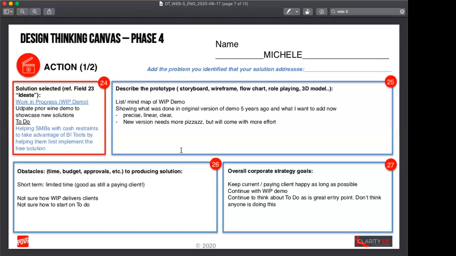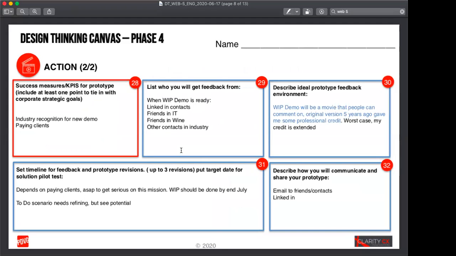Sure. But in any case, you started to fill this out, and I know you did this quickly, but you still put in some interesting details about short term. And you're not sure on some things, but you continue to work. So I'd say this canvas is a work in progress, but it's helpful to see how you outline some of these things. And then on the second form, you put how you communicate.